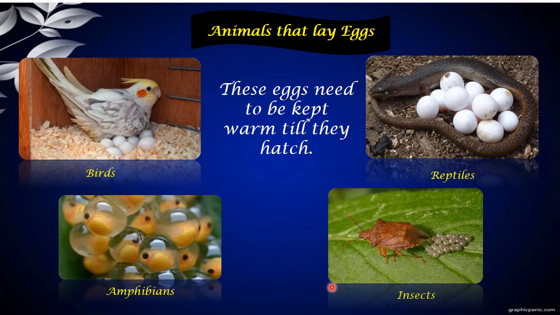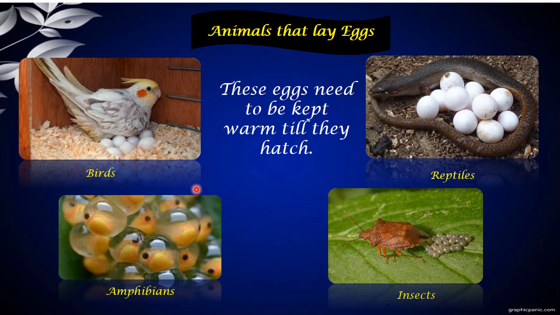So here what is given is that these eggs need to be kept warm till they hatch. These animals will not just lay the eggs and fly off or move away from that place. They take responsibility so that the eggs are hatched properly. Hatching means proper care has to be taken so that the egg develops inside.